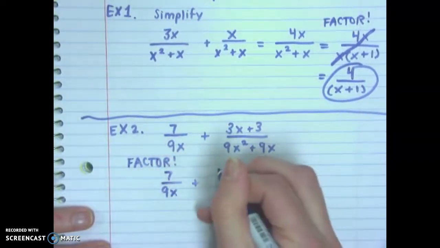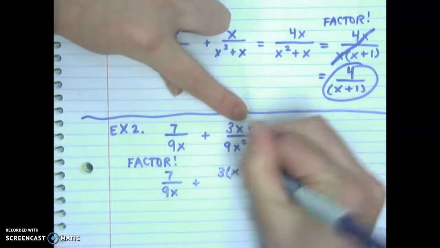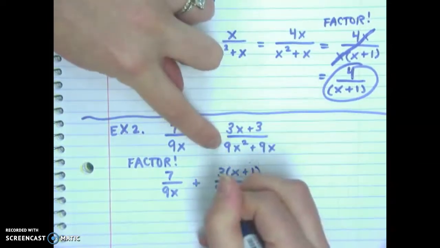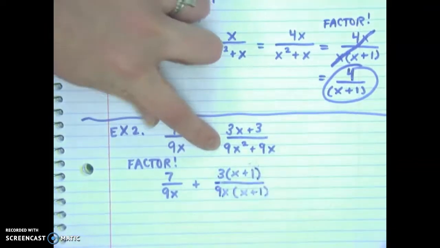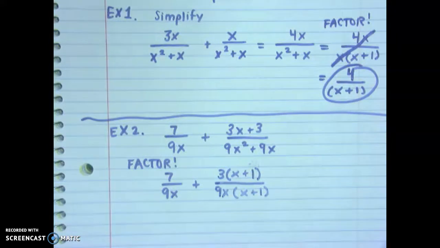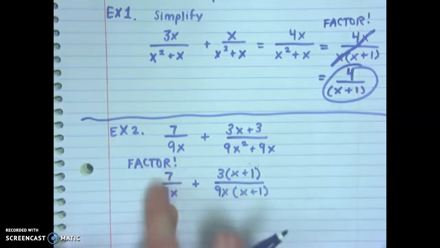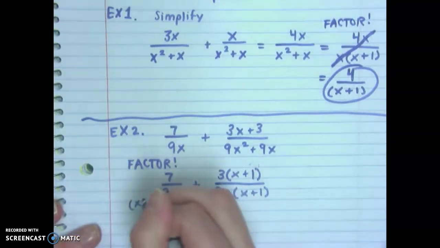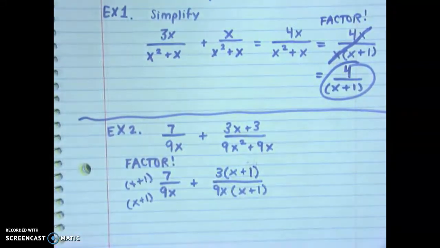But the second expression, I can factor out a 3 in the numerator. And I can factor out 9x in the denominator. Now I can see 9x is common already, so in order to make the denominators equivalent, I need to multiply the first rational expression by x plus 1, and whatever I multiply the denominator by, in order to keep my expression equivalent, I have to multiply the numerator by it as well.